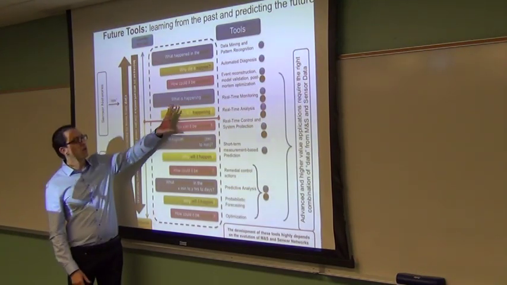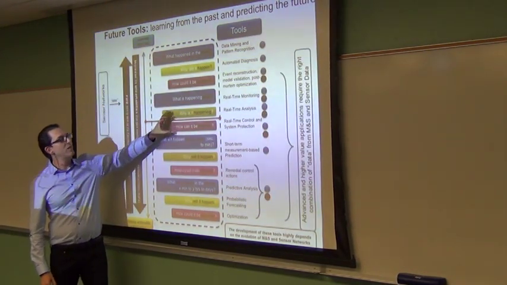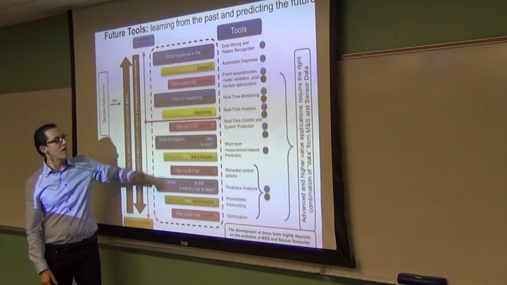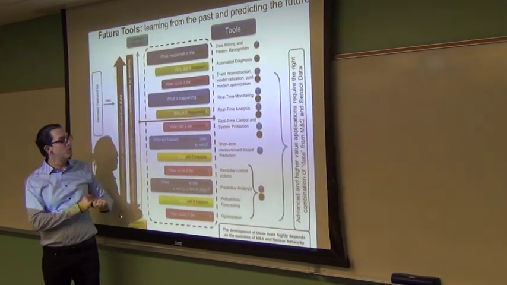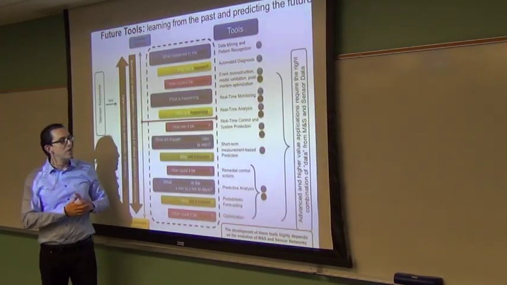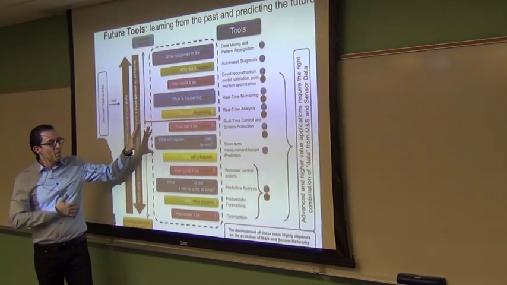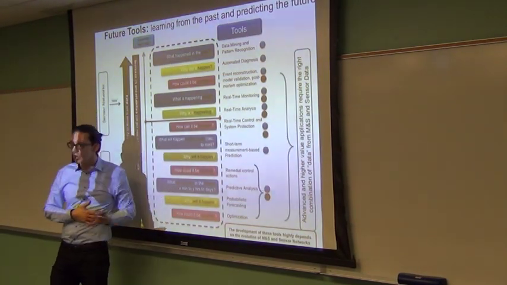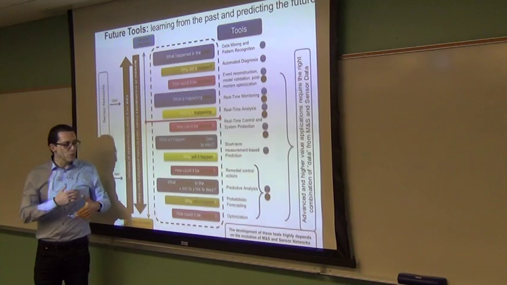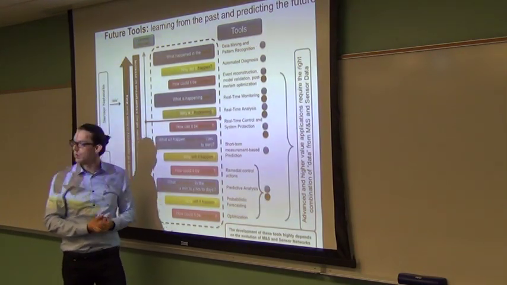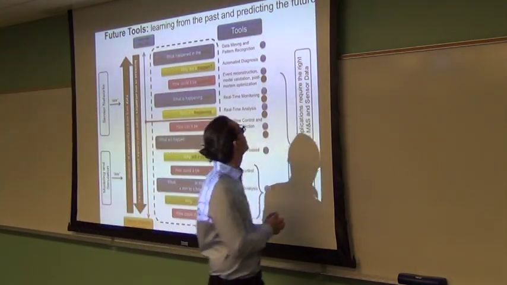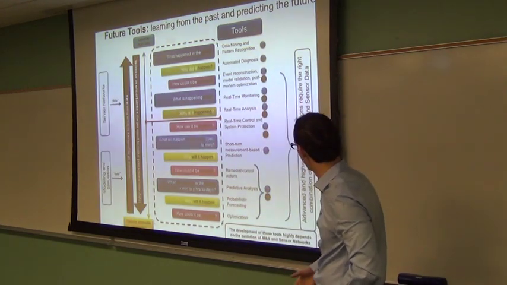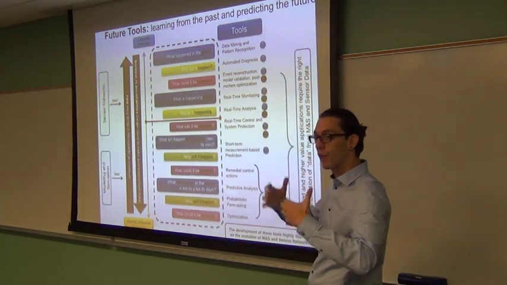This is where a lot of focus is right now in our communities: real-time monitoring and analysis, but you can go a little bit further to control and system protection. But as you go into the future, it's impossible to not use predictive tools. So you have to build this into your way of thinking and into your architecture from an early stage.